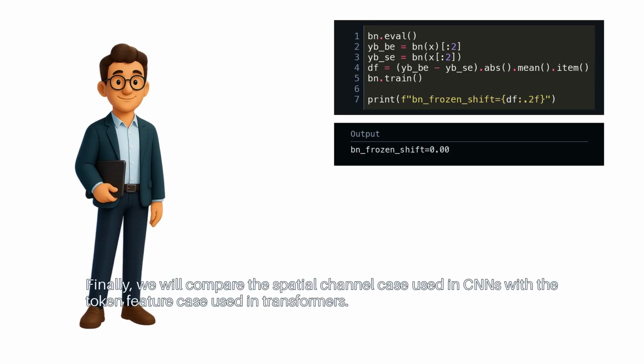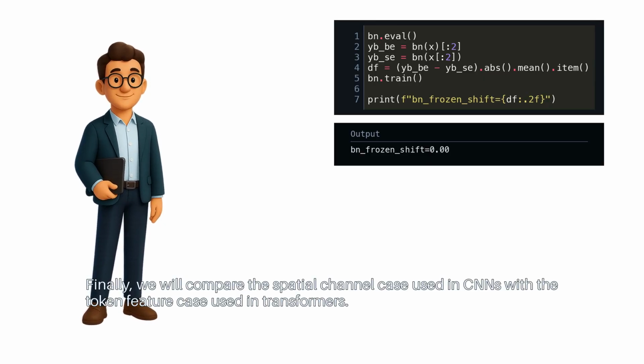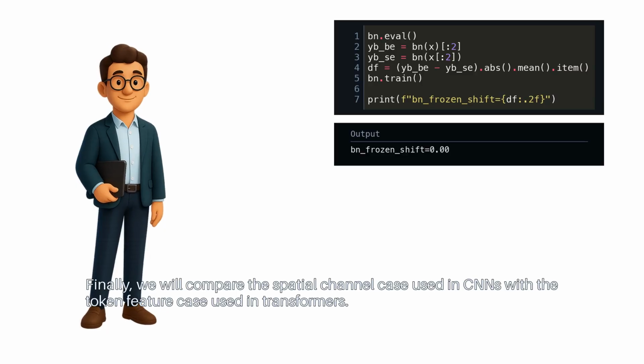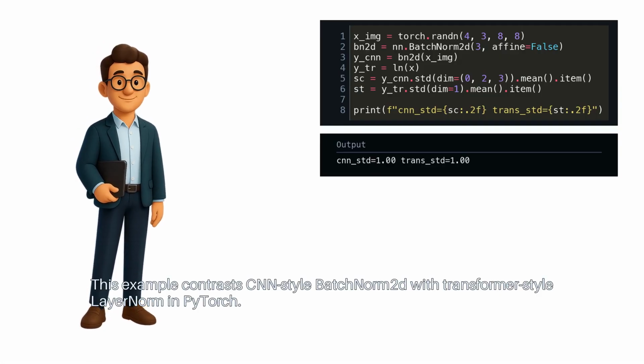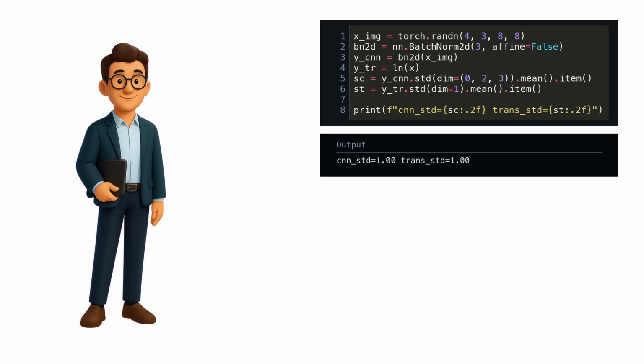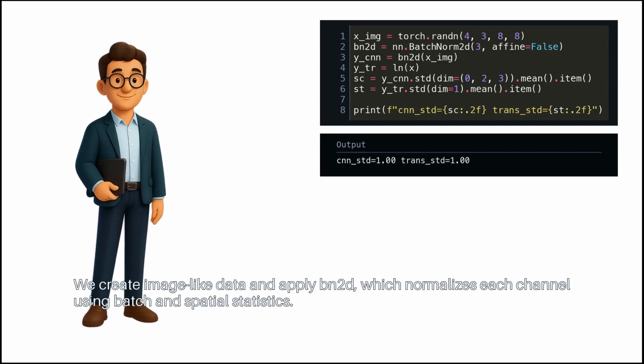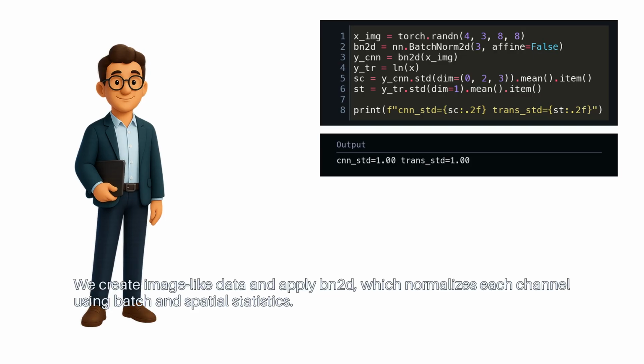Finally, we will compare the spatial channel case used in CNNs with the token feature case used in transformers. This example contrasts CNN-style BatchNorm2d with transformer-style LayerNorm in PyTorch. We create image-like data and apply BN2d, which normalizes each channel using batch and spatial statistics.